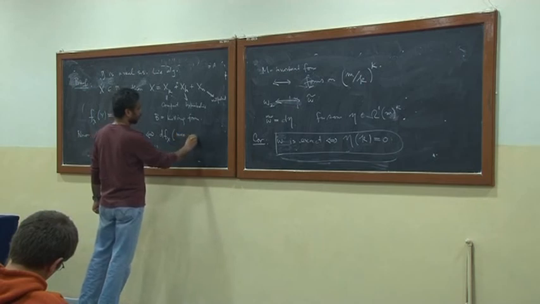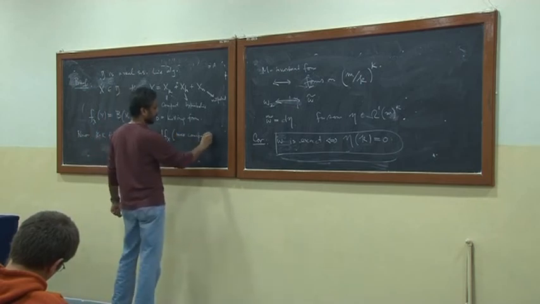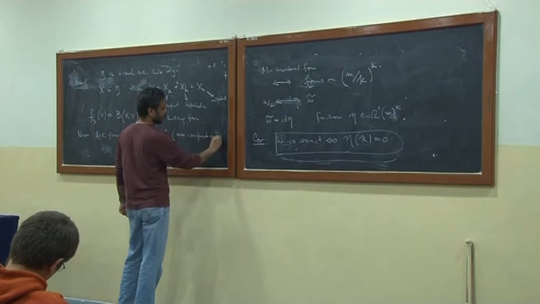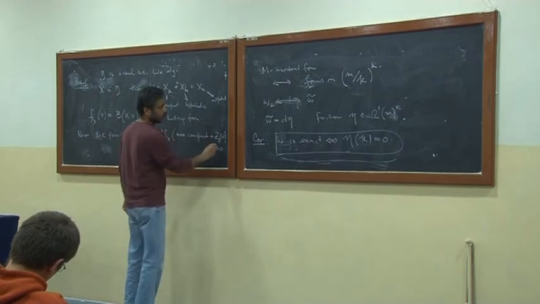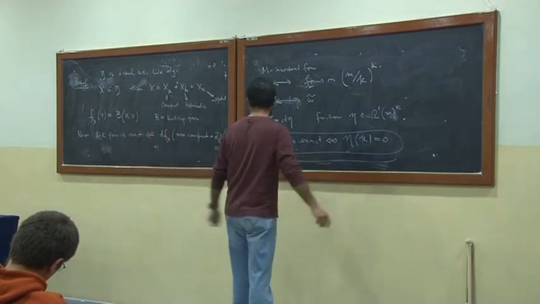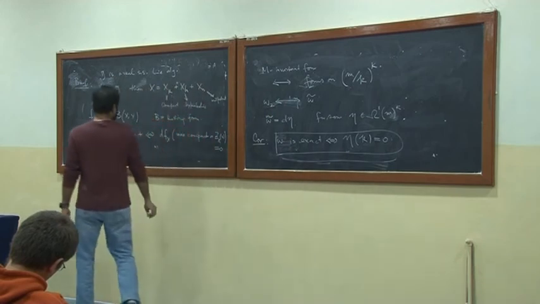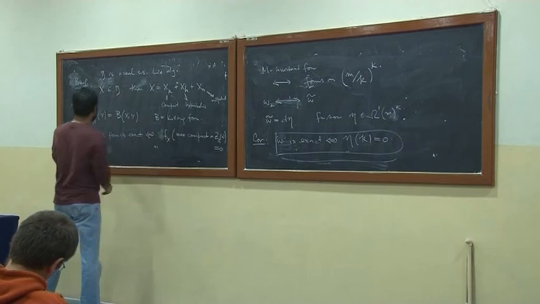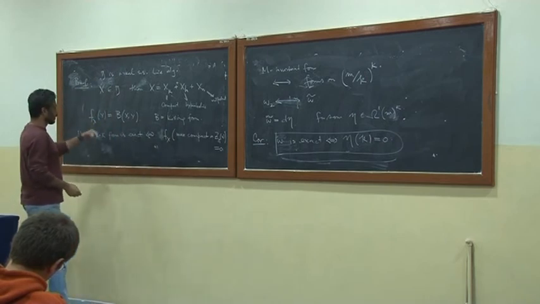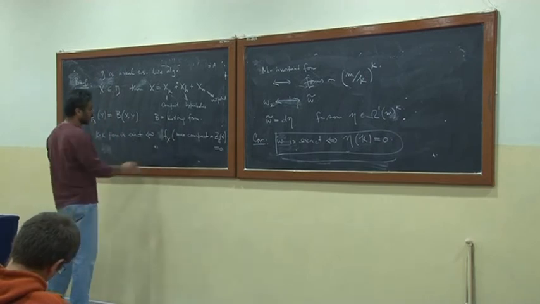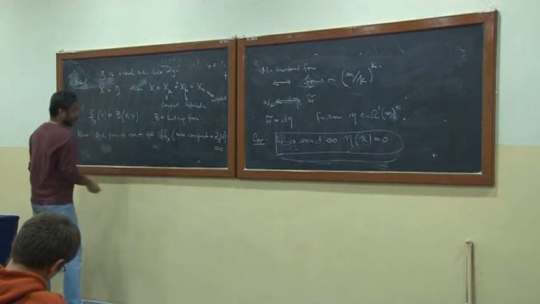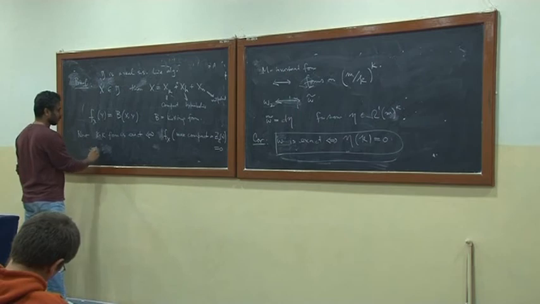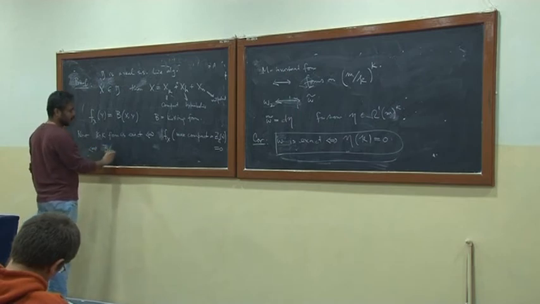Max compact. It's not f but df. D f is exactly the form that I'm interested in.